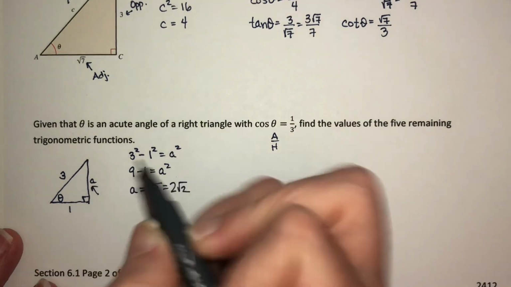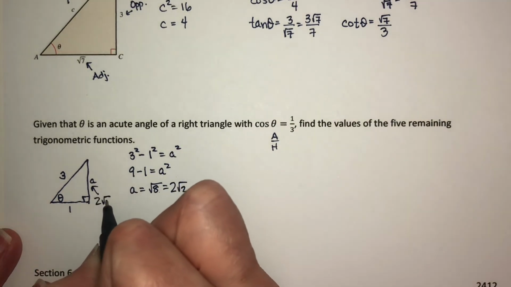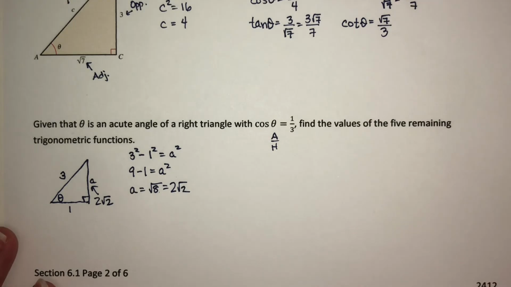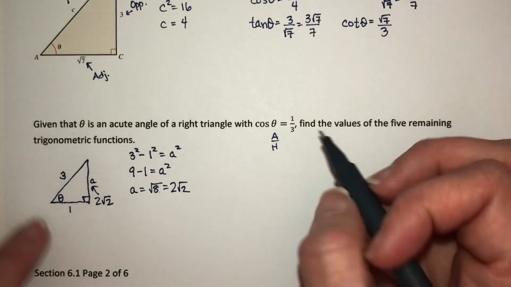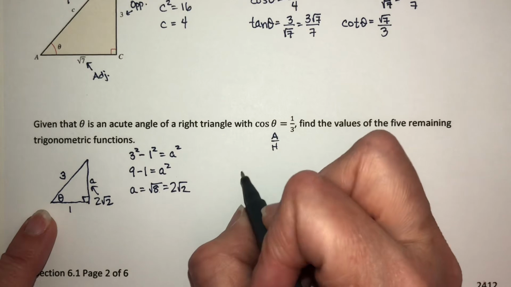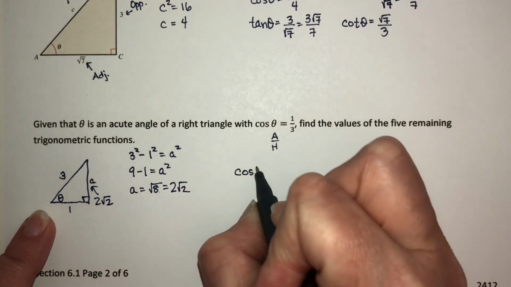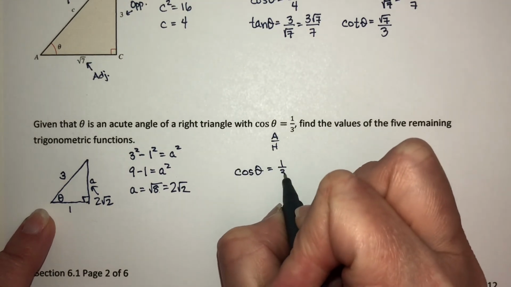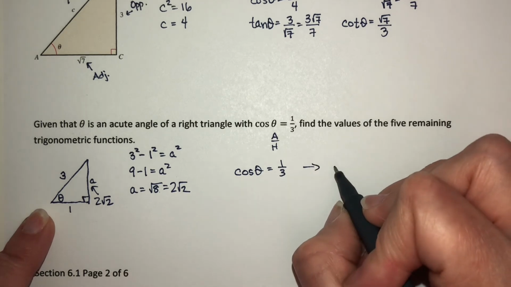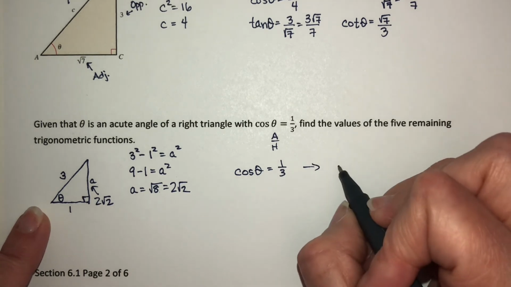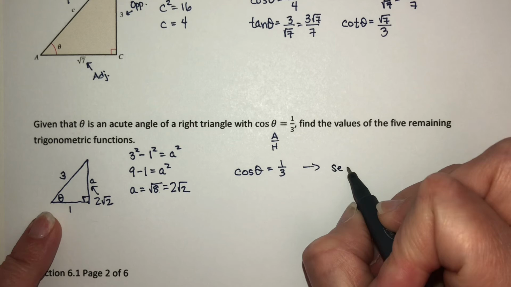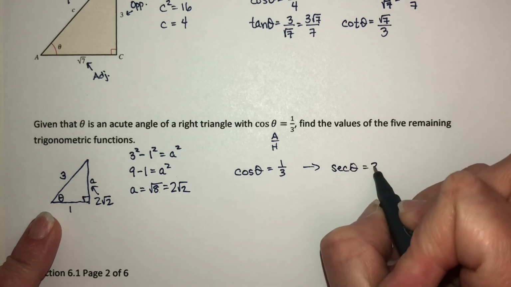Okay, so that is 2 square root 2. All right, so we have cosine already. I'll go ahead and write that down and use it to get the reciprocal. So cosine of theta is 1/3. That means secant of theta is 3.